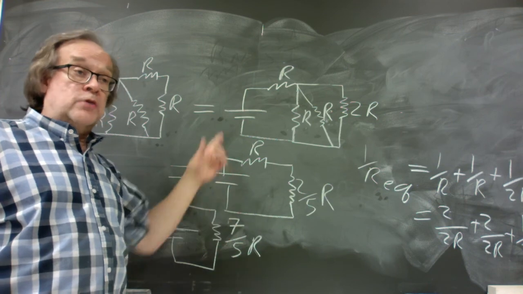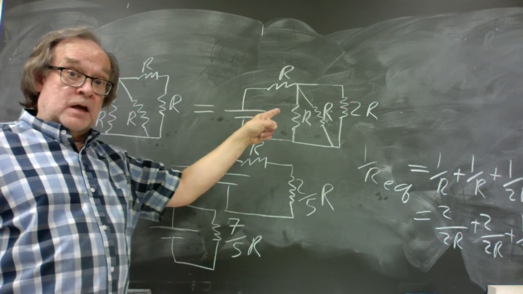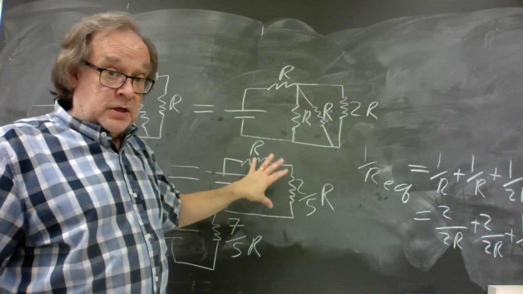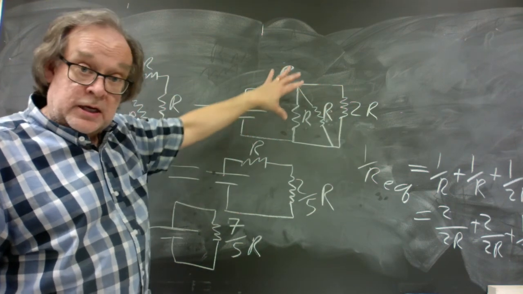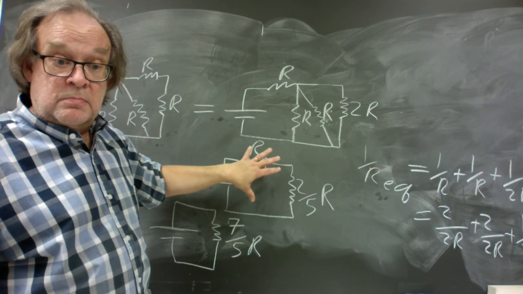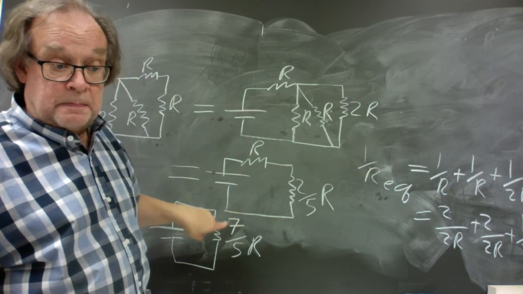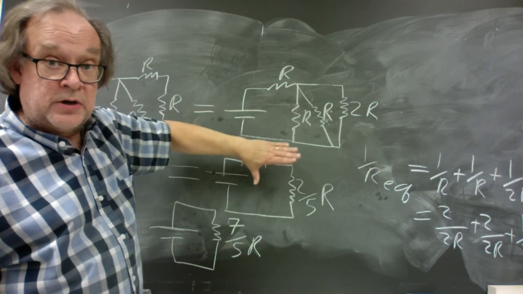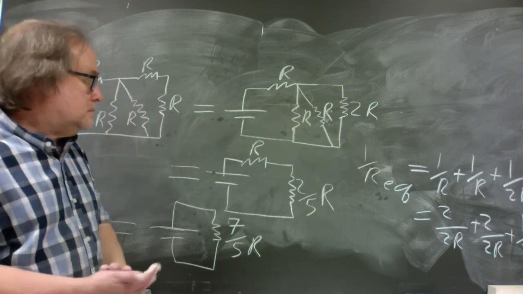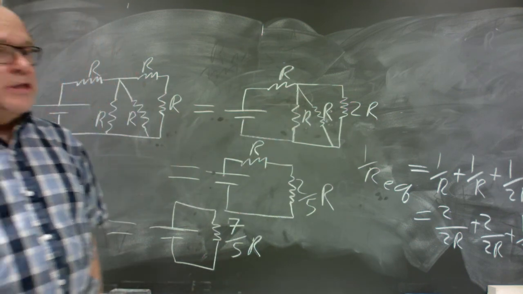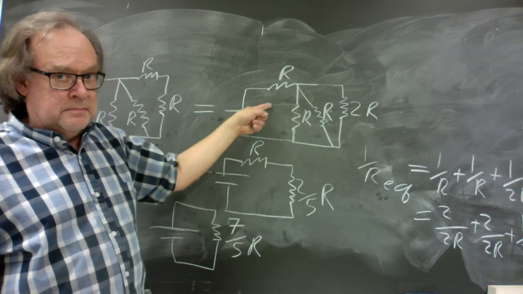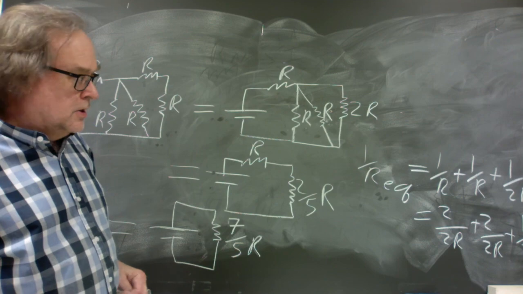Things go easier if you draw the picture of the partially simplified circuit in the cases where you're on the way to the simplest circuit, but you're not there yet. It's easier to see what I'm doing by having a picture of the partially simplified circuits.